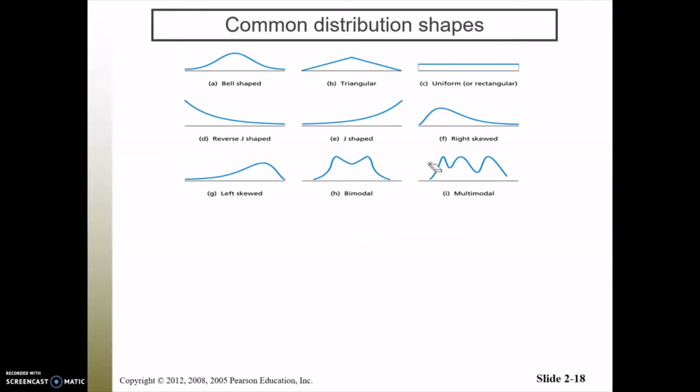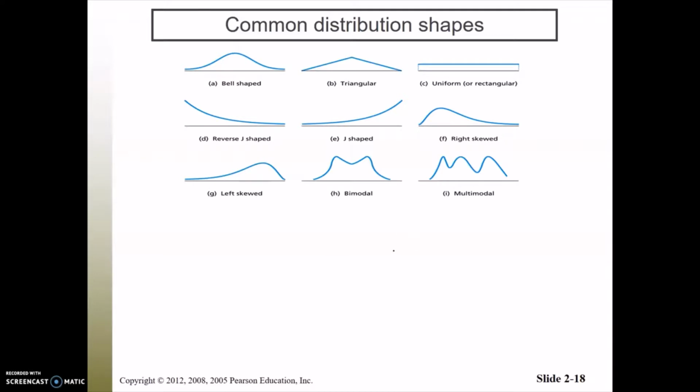Let me do it again. Just do it like this, and you cut it from here. So these two portions: this is the J shape and this is the reverse J shape. Okay, so this is easy to understand.